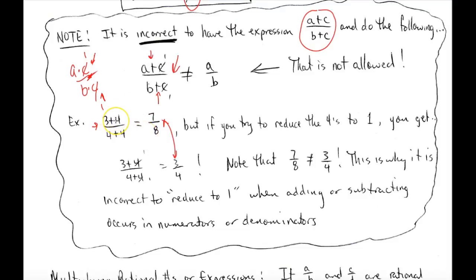So here, 7/8, whenever we do it the way that we're supposed to via order of operation, is not the same thing as 3 over 4 here whenever we illegally come in and try to reduce these 4s to 1. So just want you to be mindful of that as we go through the examples here, that anytime we have a term that's attached via addition, we cannot reduce those terms to 1.